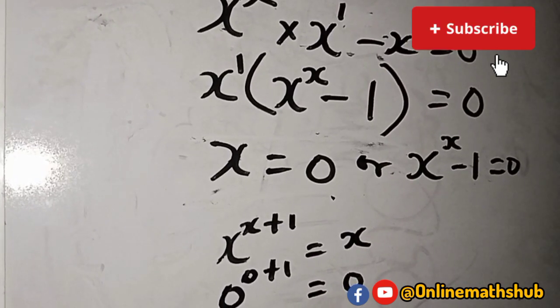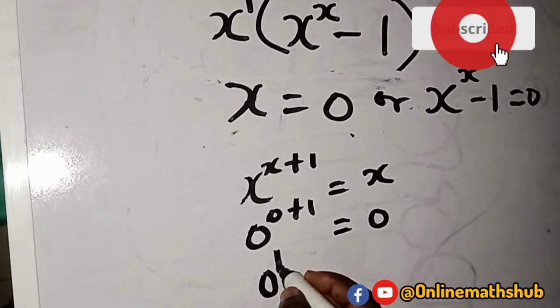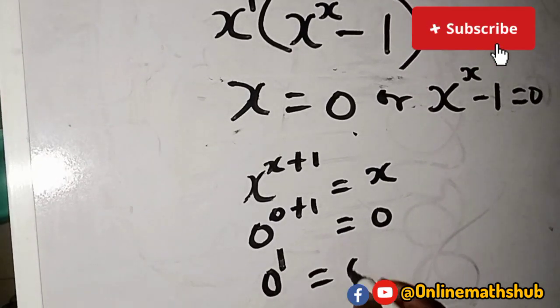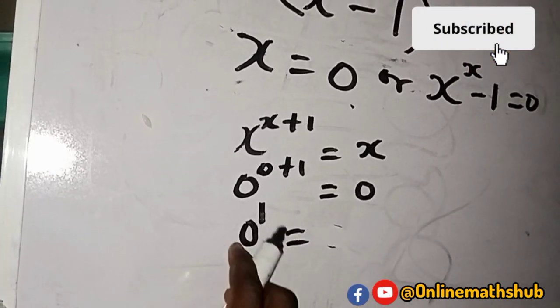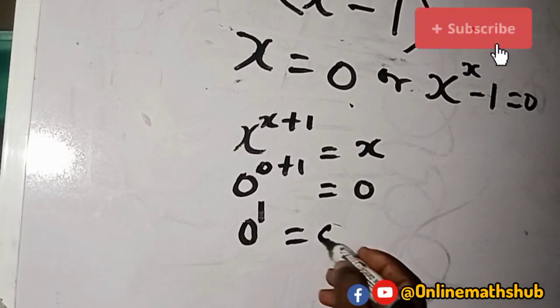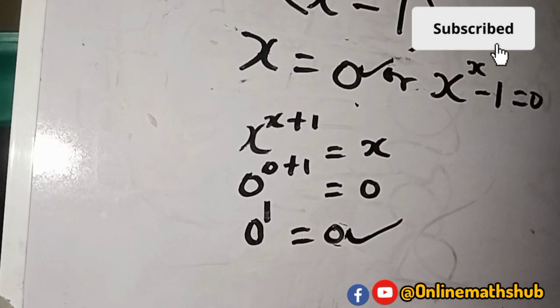If I do that, I will have 0 raised to power 1. 0 raised to power 1 is equal to 0, and of course clearly 0 raised to any positive exponent is equal to 0, which means that x equal to 0 is correct.